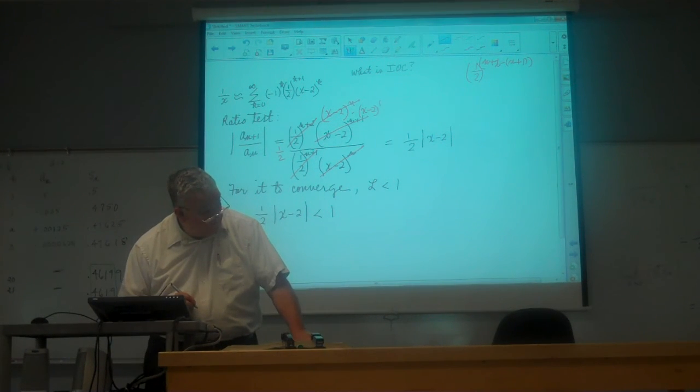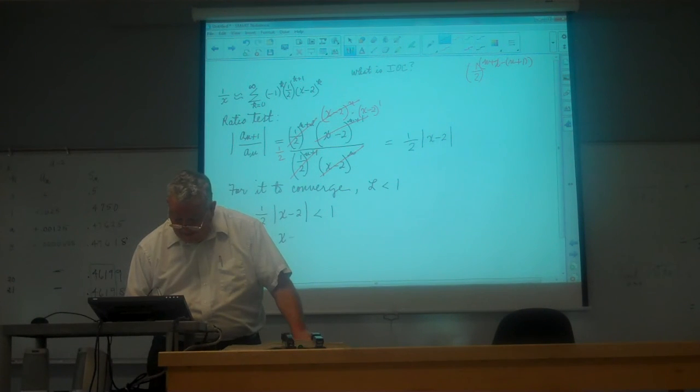Is that right? So x minus 2 has to be less than 1 and greater than minus 1. Do we agree? And x has to be between 3 and 1.